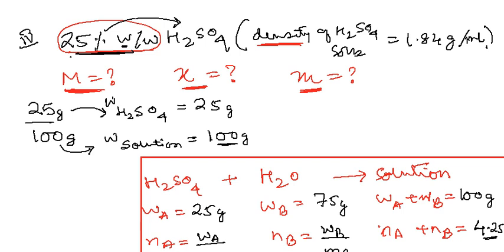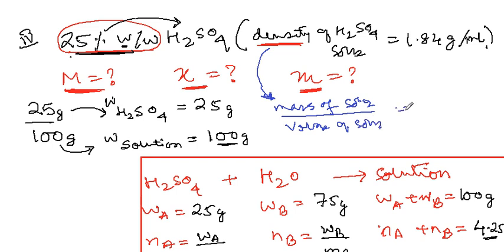So the value of density that is provided to us is 1.84. Let's write it here: the mass of solution over the volume of solution is 1.84 gram per ml.